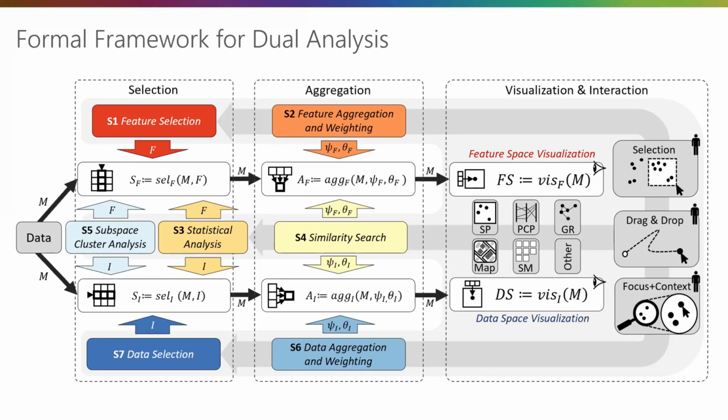And you can see that we have basically the symmetric pipeline on both sides of the data item visualization and the data space visualization, going from left to right, having an initial selection step, having an aggregation step, and a visualization step in the end, where you have also the aforementioned interactions.